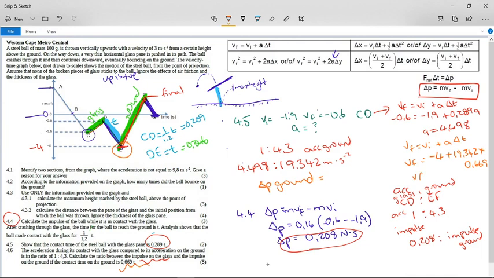I'm not sure what it is, I haven't worked it out, but either way, once you've found that final velocity, you're going to put it into this MVF minus MVI. Once you've done that, you get the two values, and then you're going to take this 0,208 and this value and find a ratio.